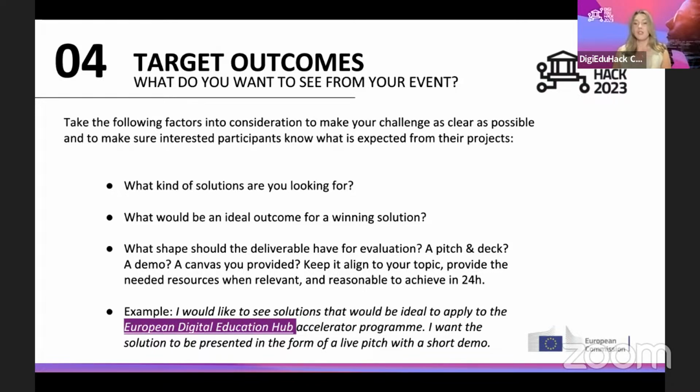You can decide to do a pitch of X minutes and so on, but make sure that the participants know what they are getting into and know how the final solution should be presented. And of course, give out resources if relevant, and make sure that whatever you are asking the teams to deliver can be done in only 24 hours. And here you have some examples as well.